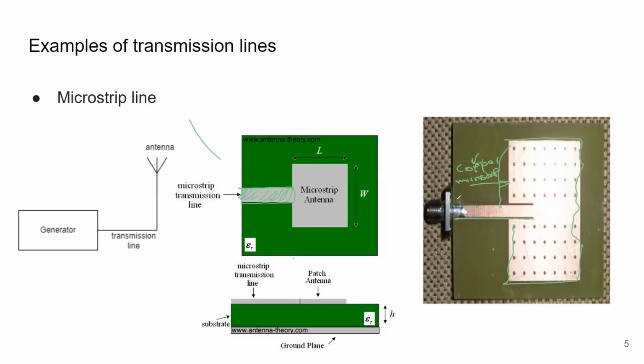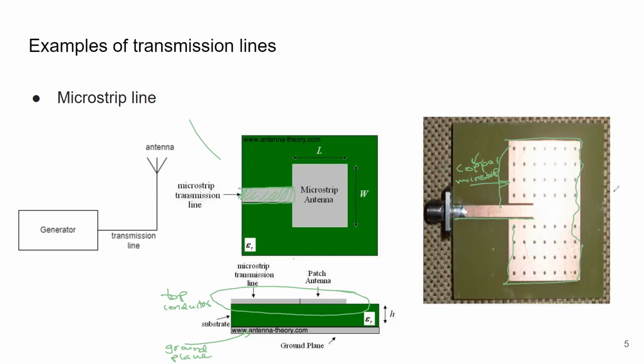Another thing you can see in this diagram is the top conductor and the bottom conductor. The bottom conductor is the ground plane. When we see from above, we can't see the ground plane, but it is available at the bottom of the PCB circuit.